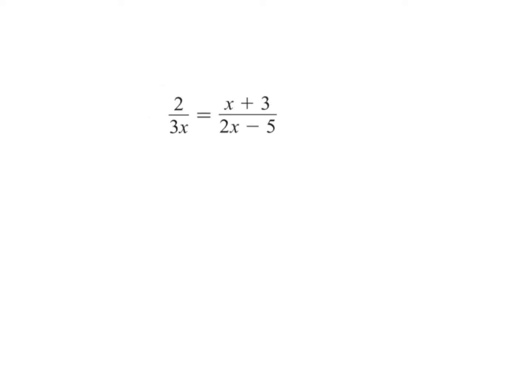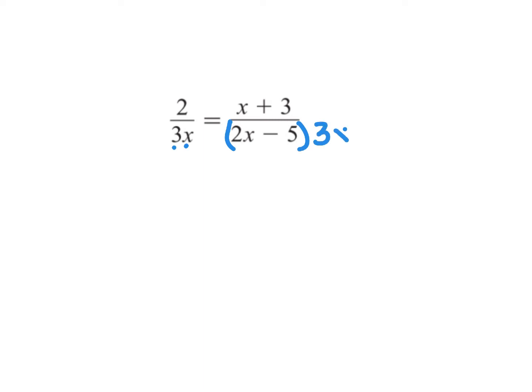Okay, but in this problem, the denominators don't match, so we need to get them to match. Just like we did with adding or subtracting, I'm going to look at the parts. This has a 3 and an x, and then this has the 2x minus 5. So this side needs the 3 and the x, and then the other side needs the 2x and the minus 5.